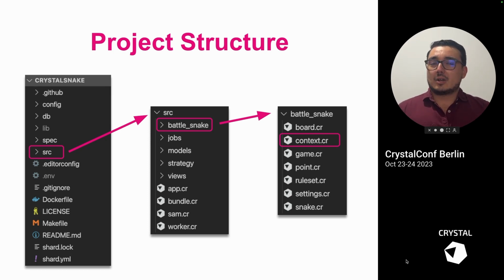You build a context out of the JSON payload that the Battlesnake host web server sends you. And the context has the board, the board has all the snakes, the snakes are a collection of points, and so on and so forth. That is how the logic is just built upon.